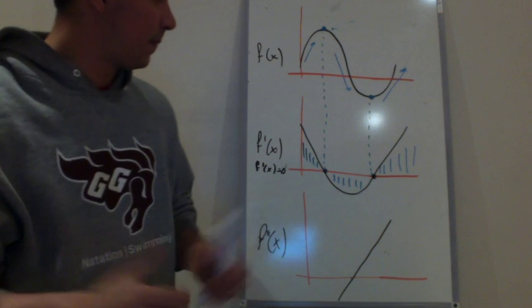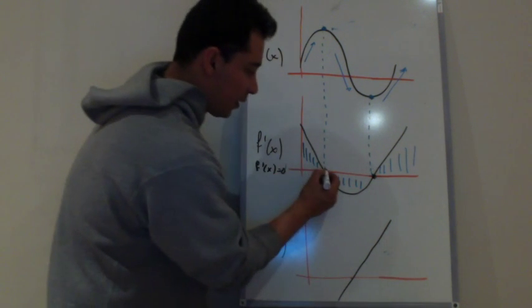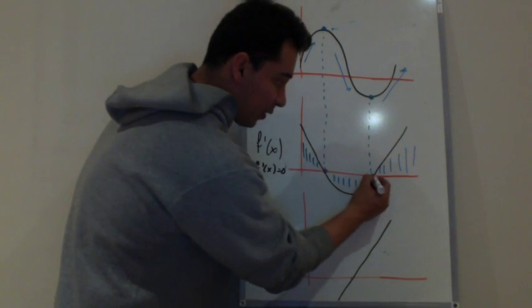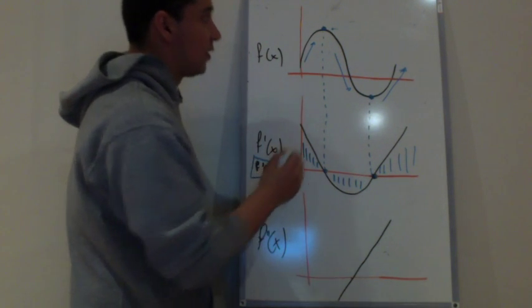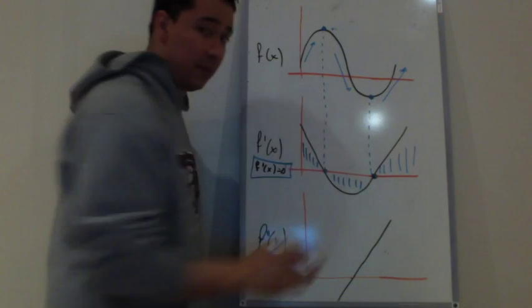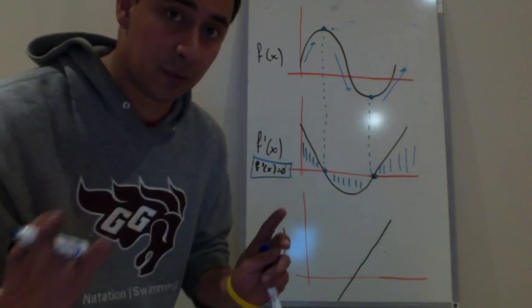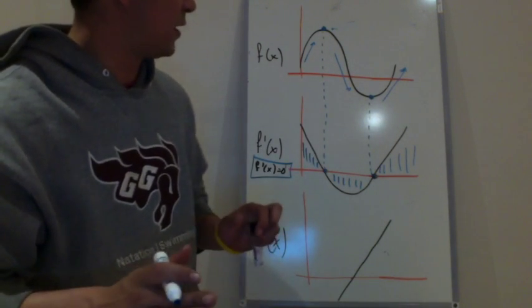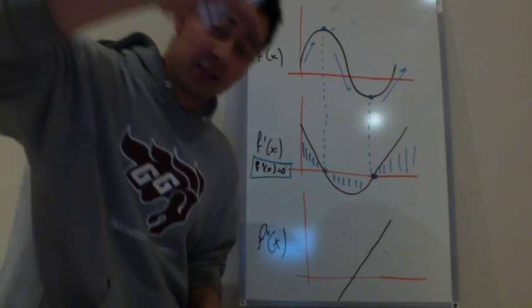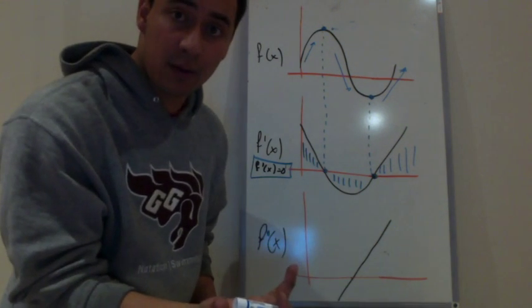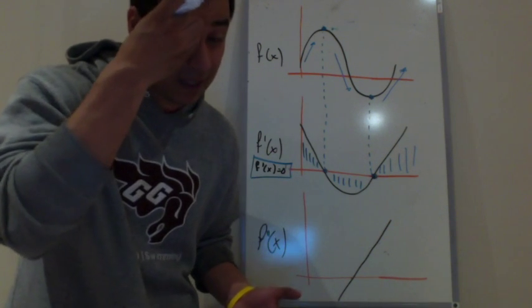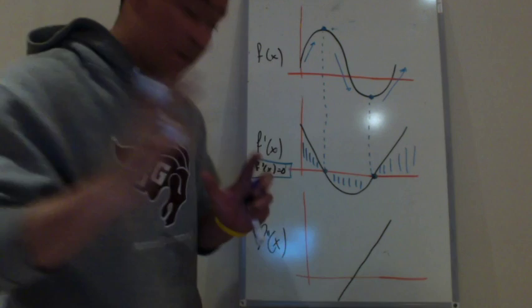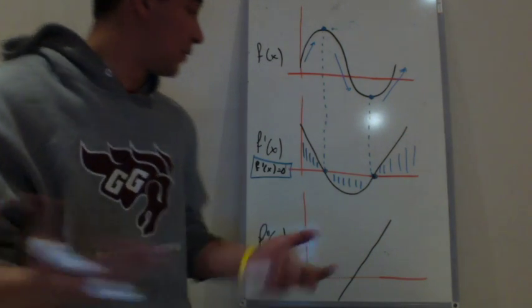So, let's see. We know that at the critical points, in these points, there will be a maximum or a minimum. We don't know yet what it will be. Okay, we just know that it will be the top or the bottom of the function, right? So it can be a maximum or a minimum. But let's see something interesting.